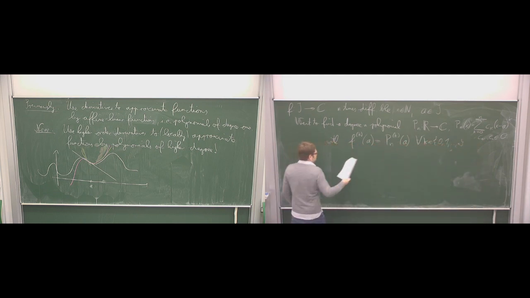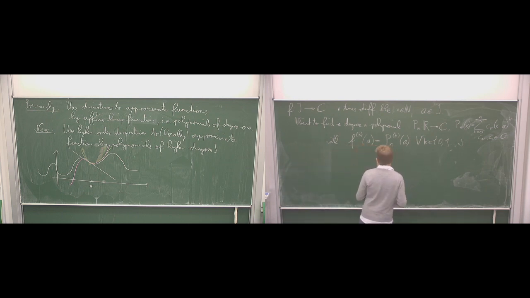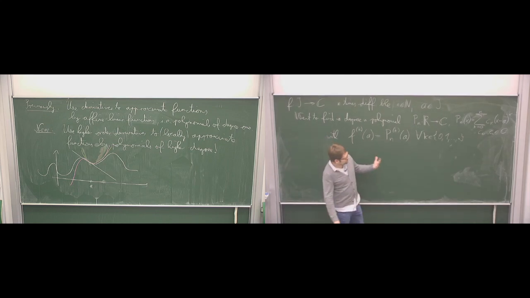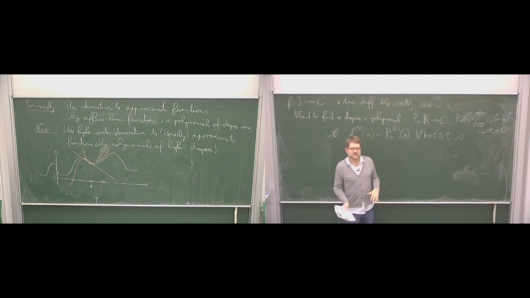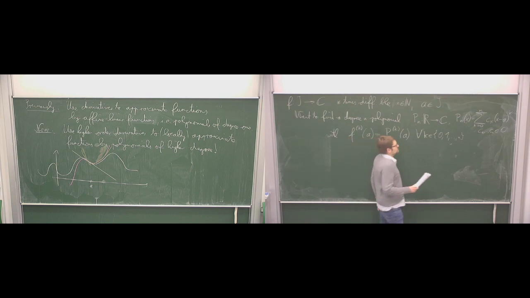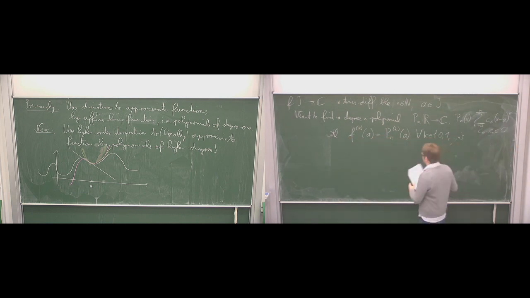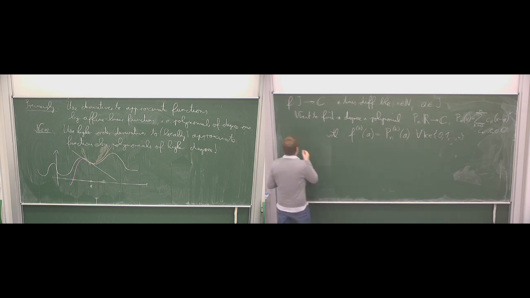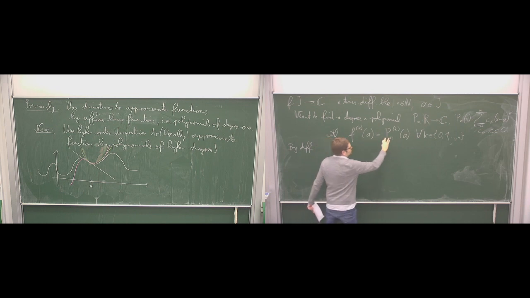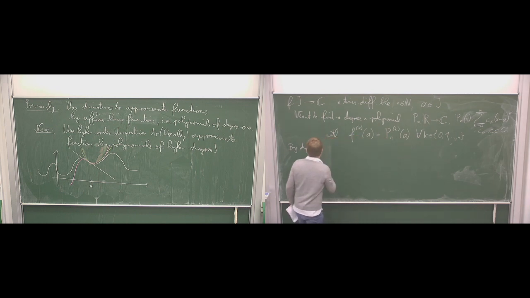Okay, and we want this to happen. But since this is a polynomial, we have the differentiation rules, and as we've studied earlier in this section, the higher derivatives of x to the n. By the standard laws of derivatives, we can just write this as the sum of the derivatives of the different summands, which means by the differentiation rules, we get some general formula for the derivatives of this polynomial. And we want this to be true, so we compute this right-hand side now by the standard rules of differentiation.